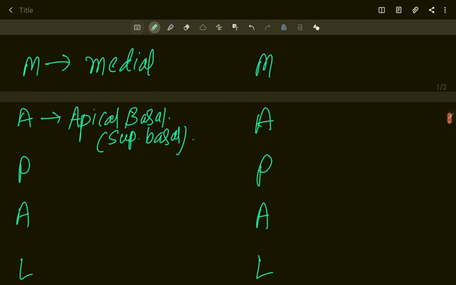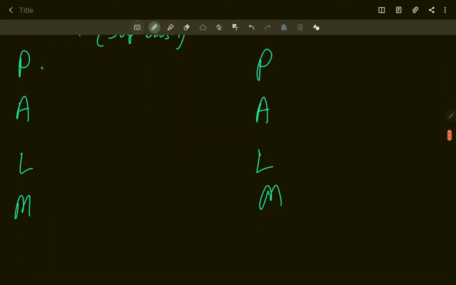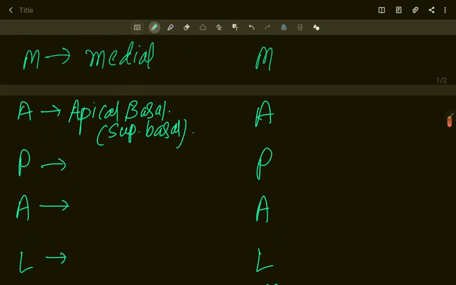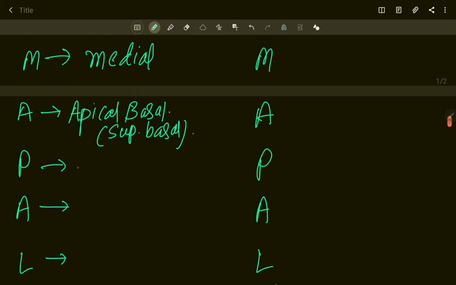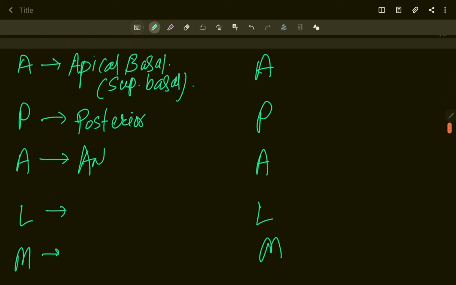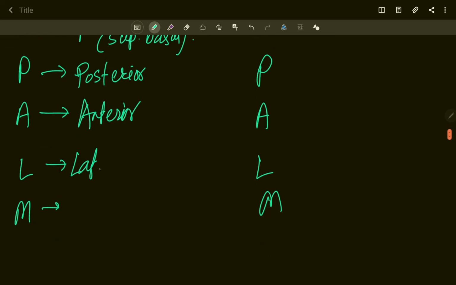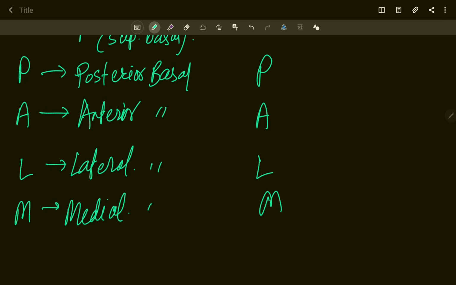Just in case of these 5, I am adding just one suffix, basal. So posterior basal, anterior basal, lateral basal, medial basal.